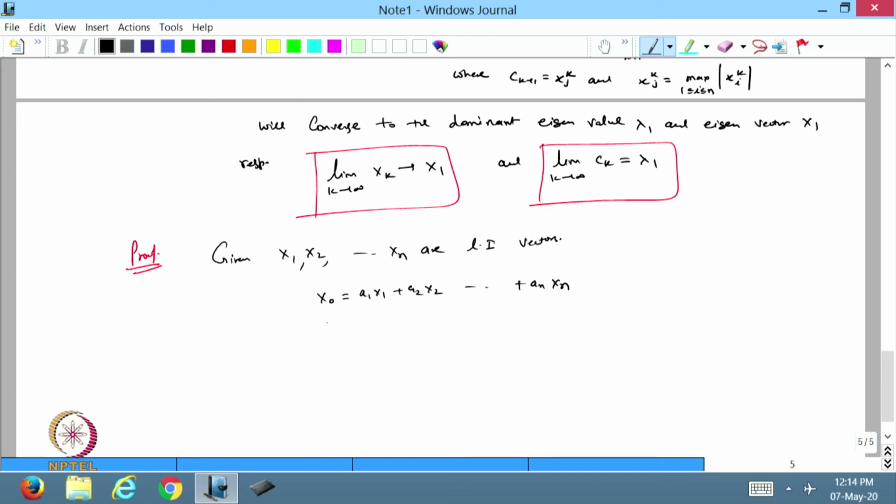So, any vector of dimension n can be written as a linear combination of these. So, that is my equation number 1.